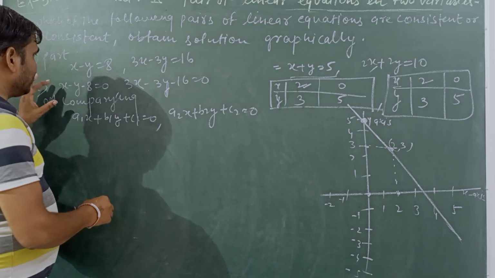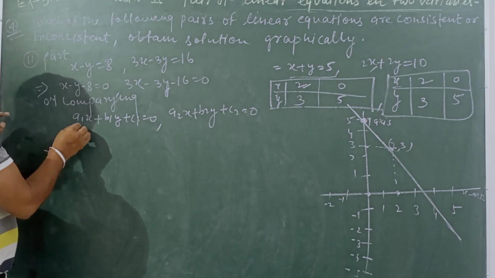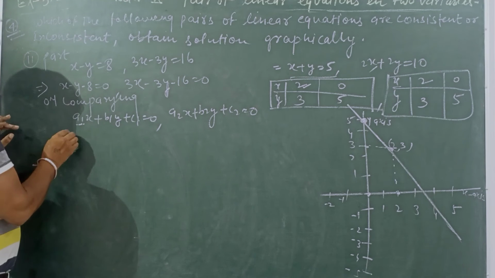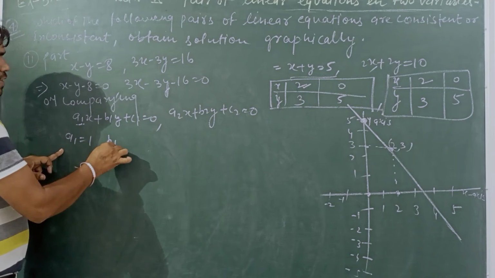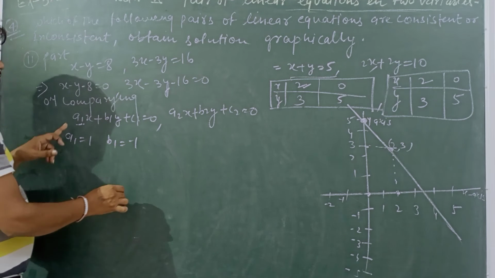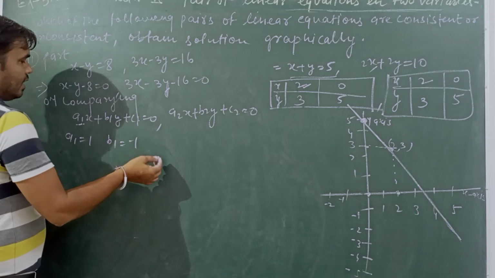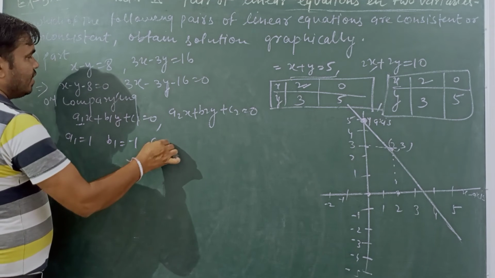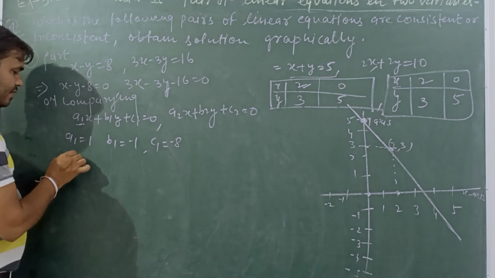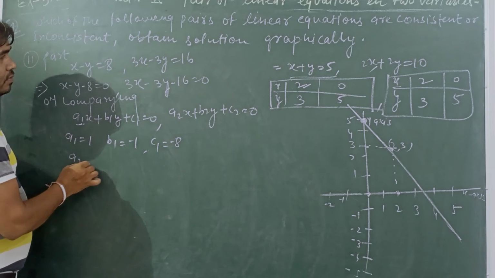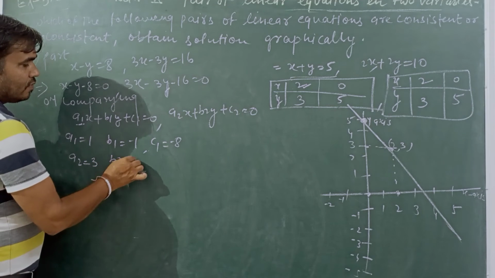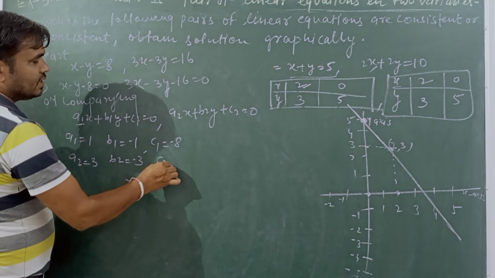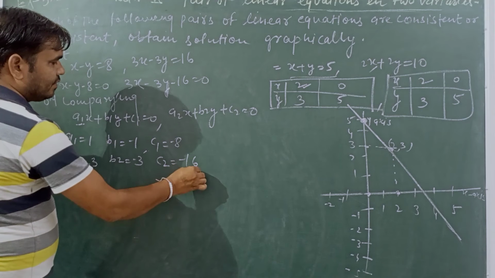Here in the first equation, a1 equal to 1, b1 equal to minus 1, and c1 equal to minus 8; a2 equal to 3, b2 equal to minus 3, and c2 equal to minus 16.